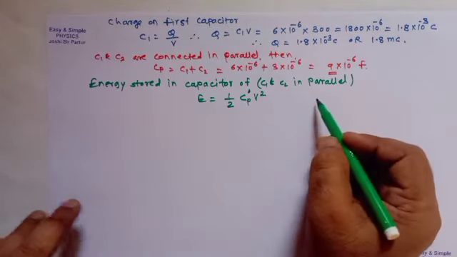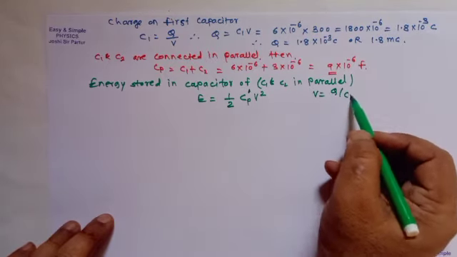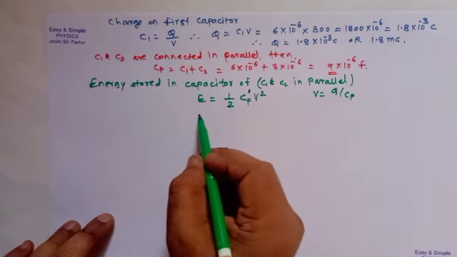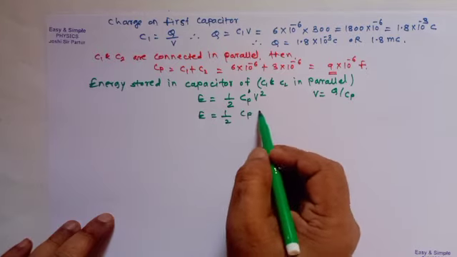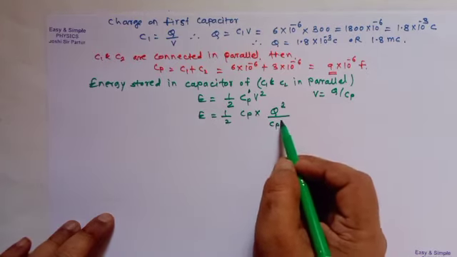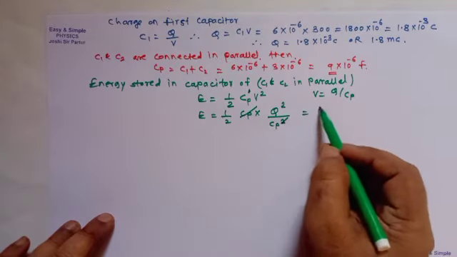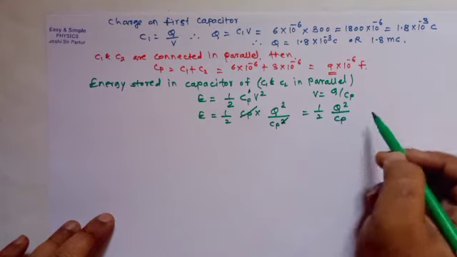But we know that V equal to Q upon Cp. If we substitute the value, energy is equal to half Cp multiplied by Q square upon Cp square. Cp gets cancelled, so the formula will be half Q square upon Cp.